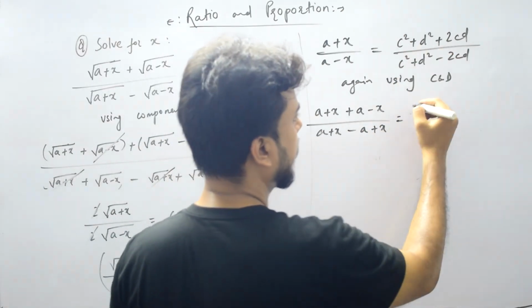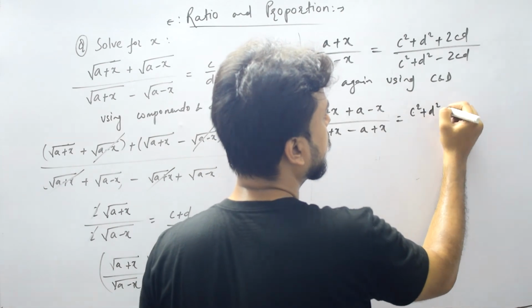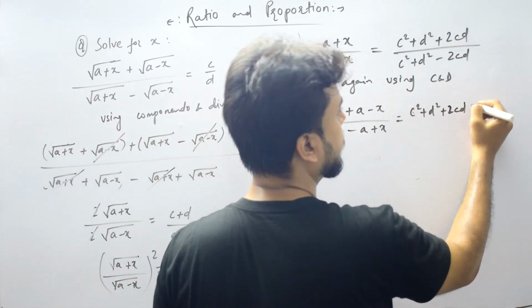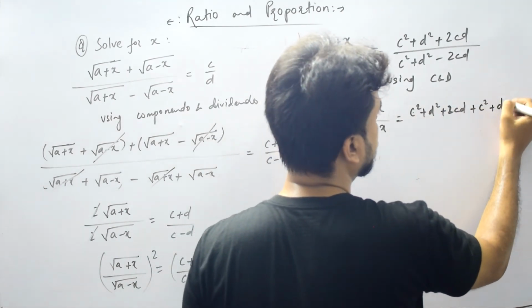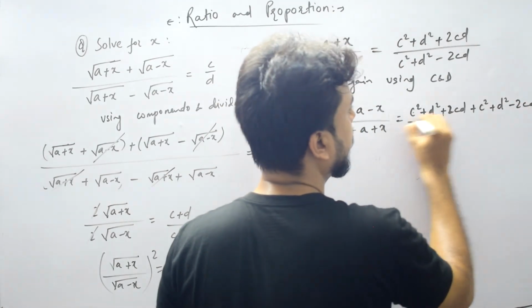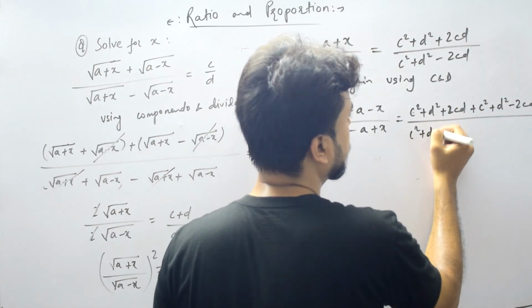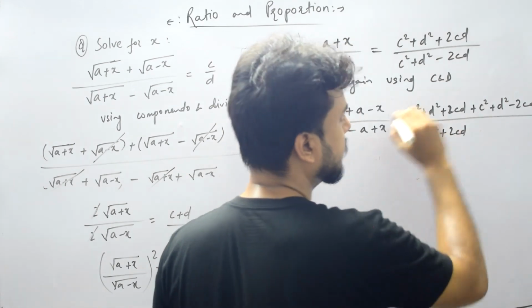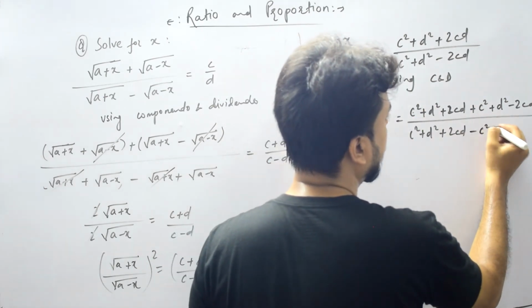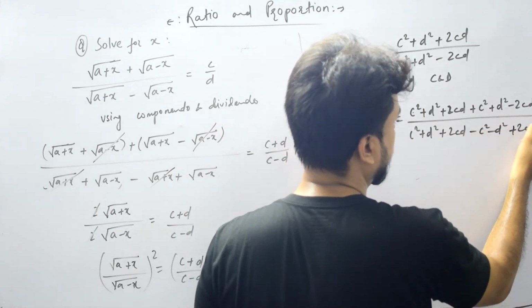And here see what will happen: c square plus d square plus 2cd plus c square plus d square minus 2cd by c square plus d square plus 2cd, and once we subtract it, the sign will change, minus c square minus d square plus 2cd.